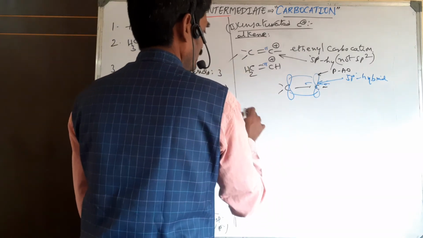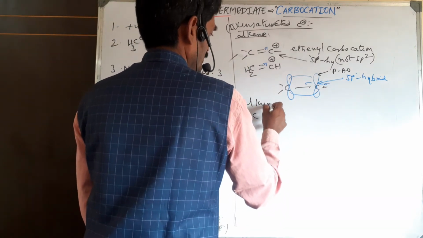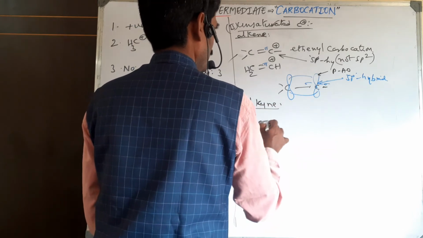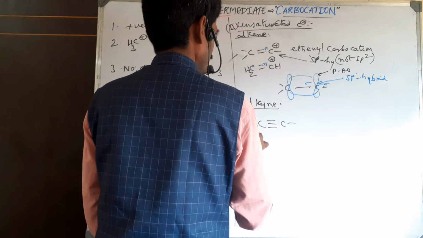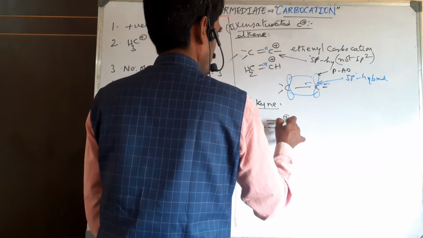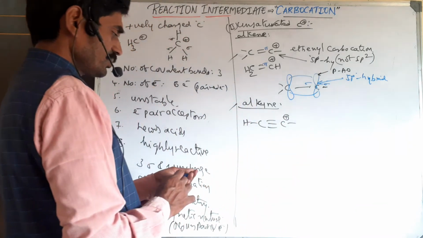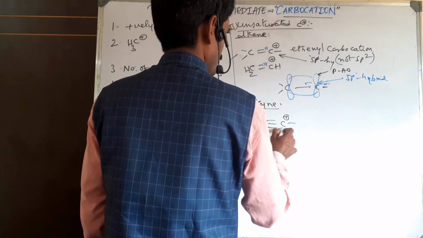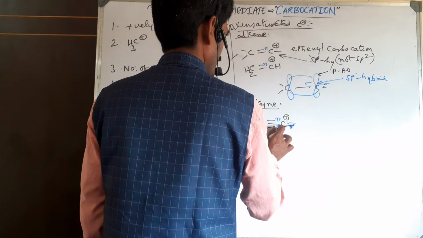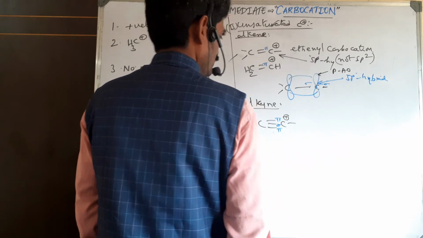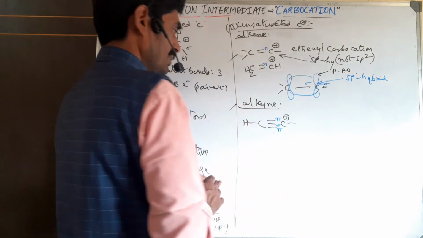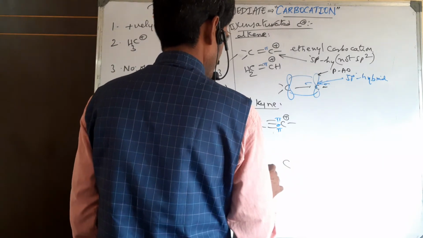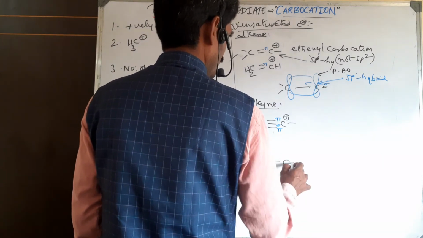Then we get alkynes. In case of alkynes, we get a carbon triple bond here, and here a hydrogen atom, and it gets a positive charge. So here also, what hybridization does the carbon undergo? This is 1 sigma bond, and 2 pi bonds are present. These pi bonds are formed by lateral overlapping of atomic orbitals. You can represent it like this: it is a sigma bond, and this is a sigma bond.